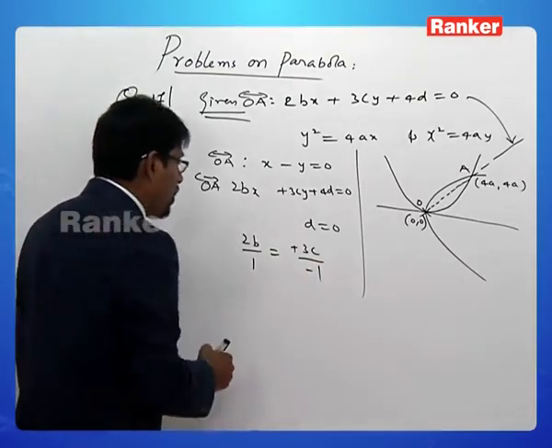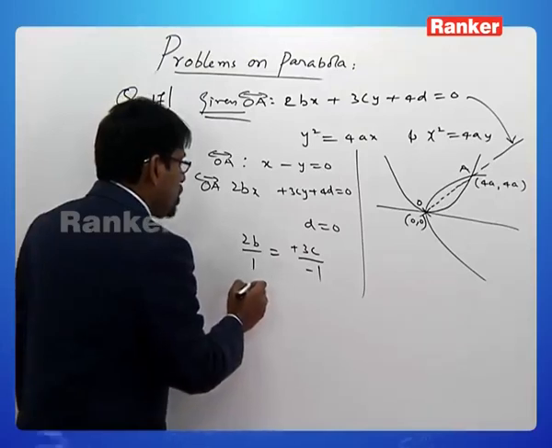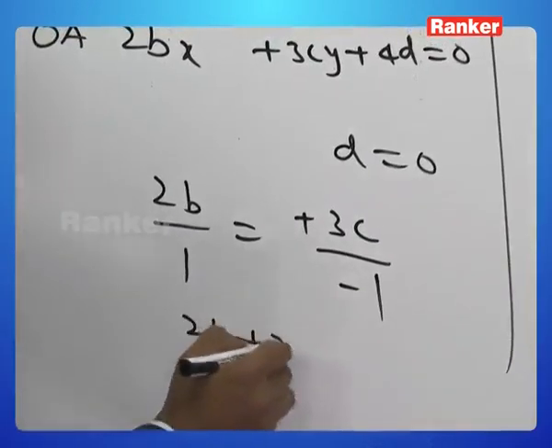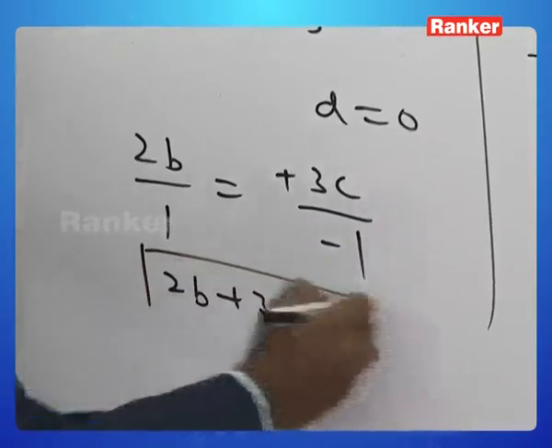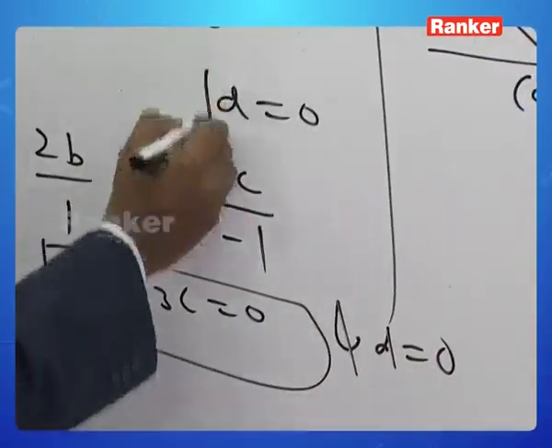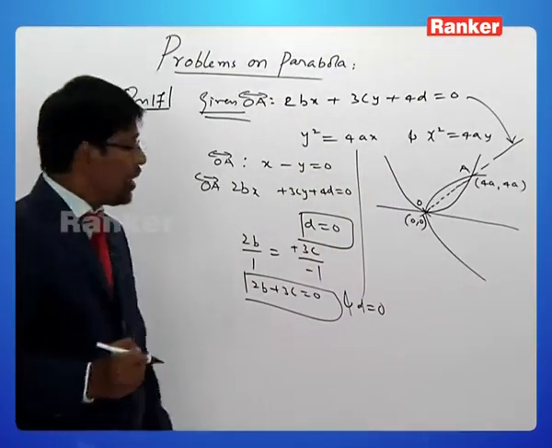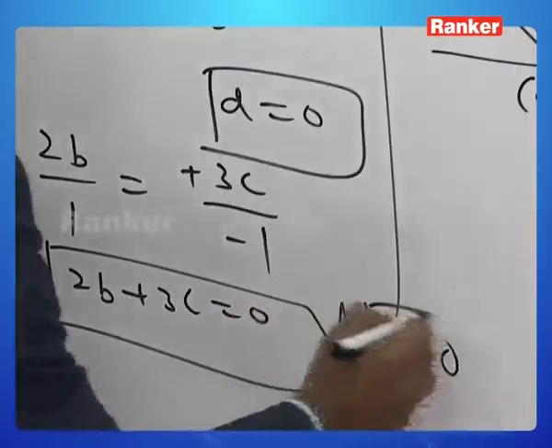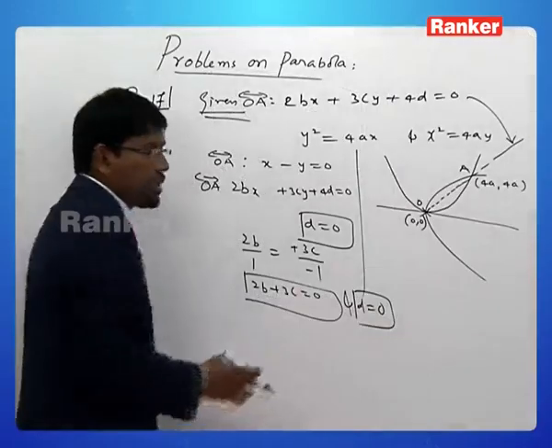And we therefore have 2b minus 3c is 0, so 2b plus 3c is 0. And also we have d to be 0. d is 0 and 2b plus 3c is 0. Both these expressions are 0.